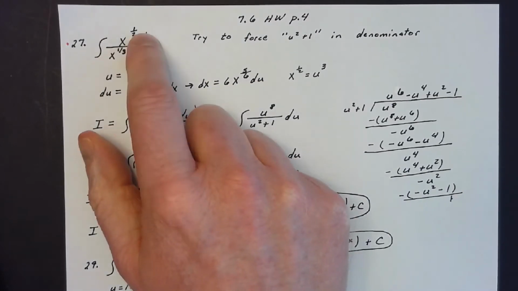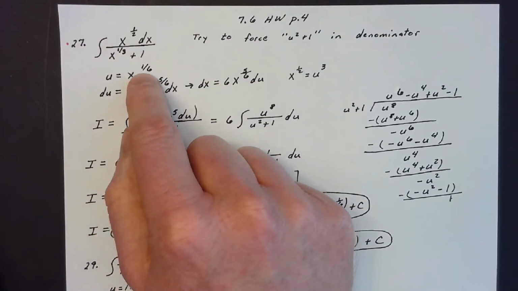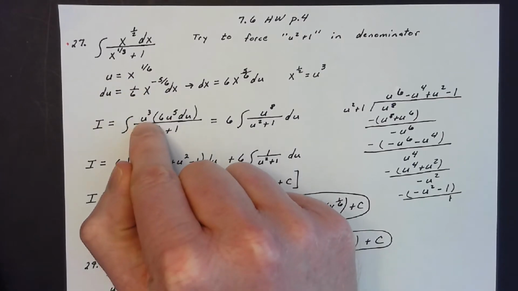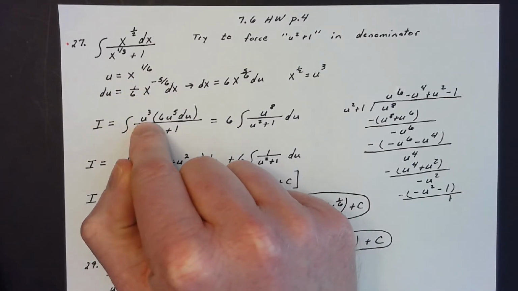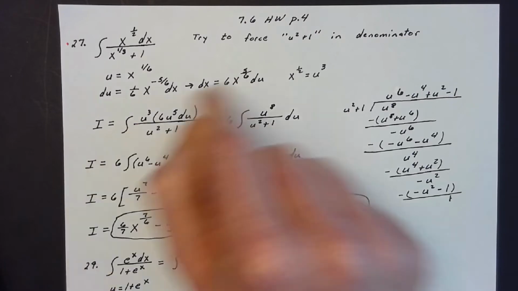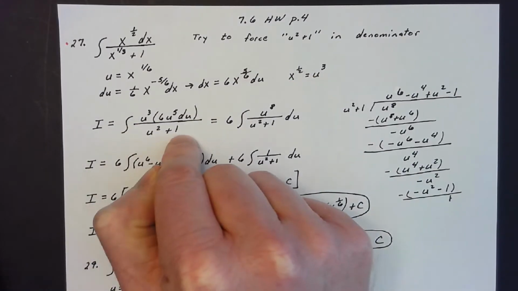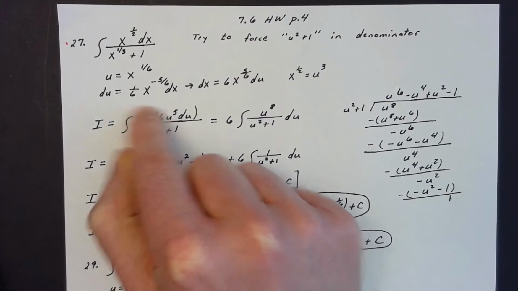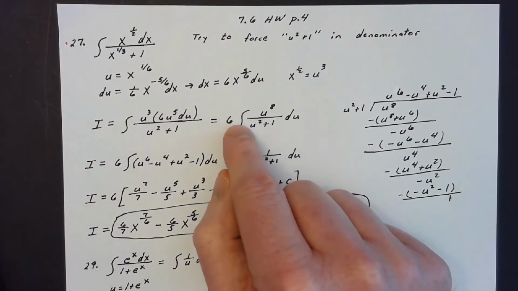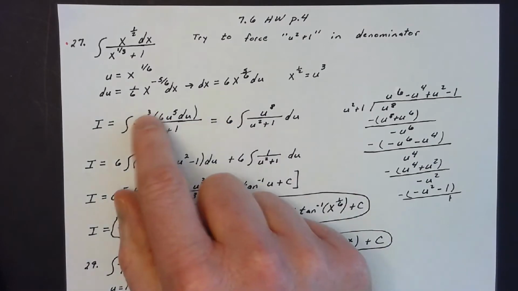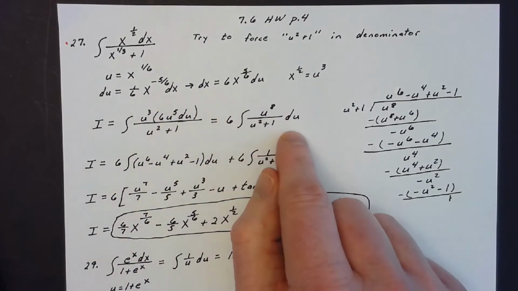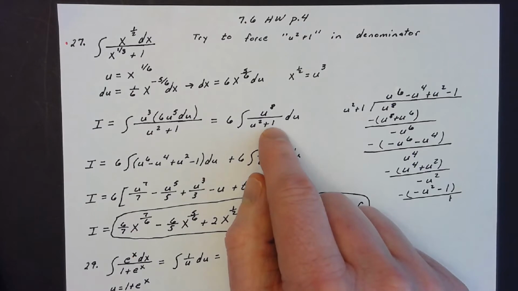The x to the 1/2 is just x to the 1/6 cubed, so I'm replacing that with u cubed. My denominator is u squared plus 1. Now I factored the 6 out after I put it all in terms of u, and my numerator would just be u to the 8th du over u squared plus 1.